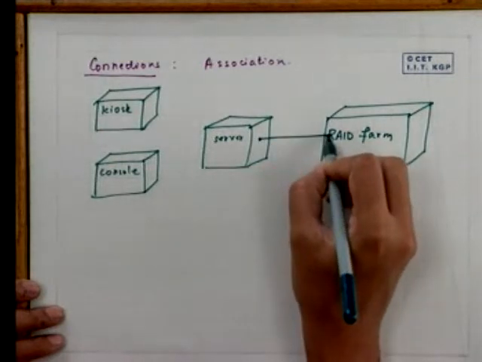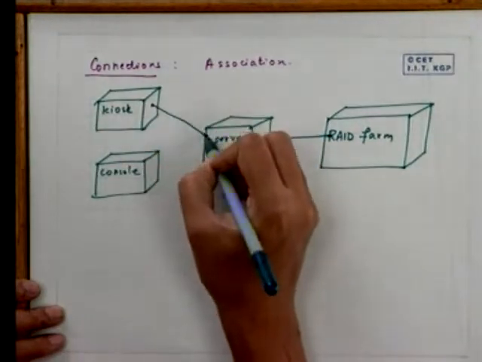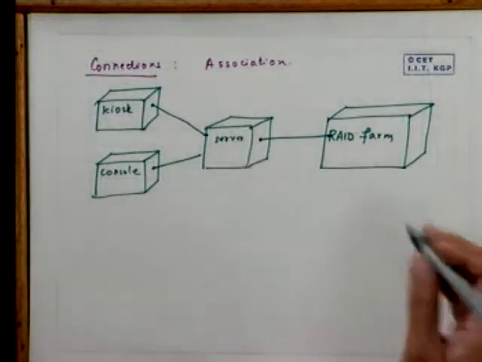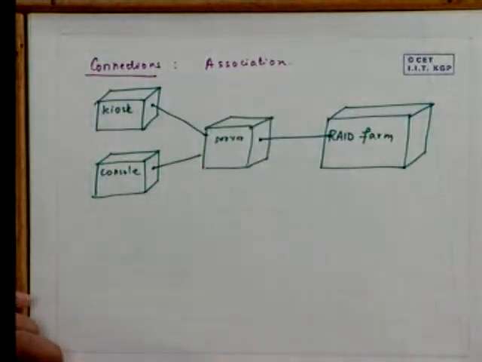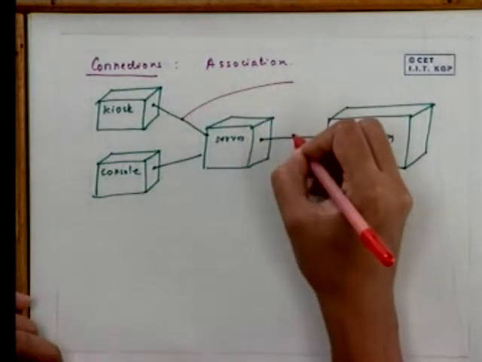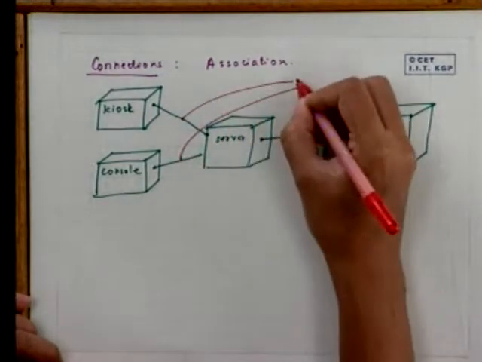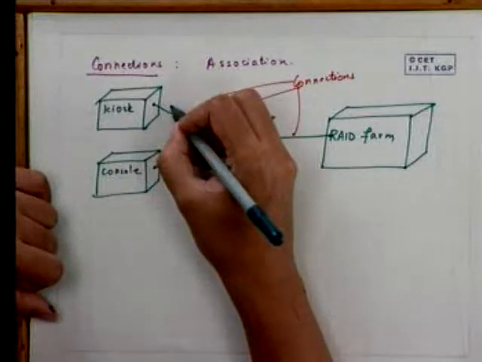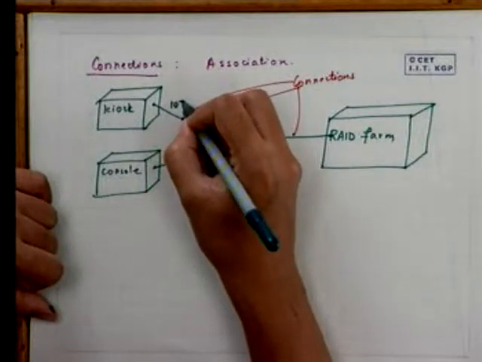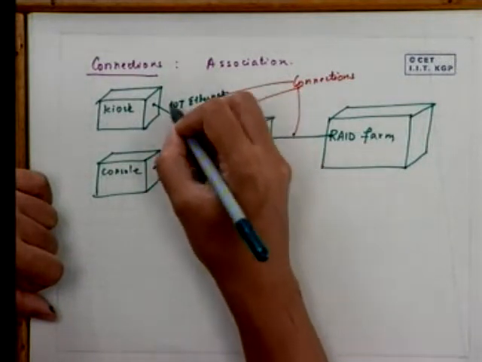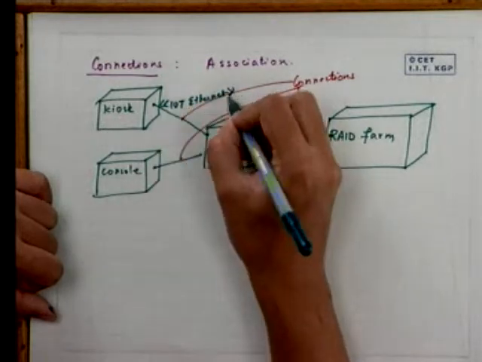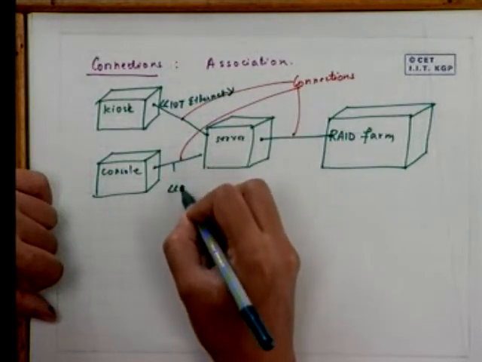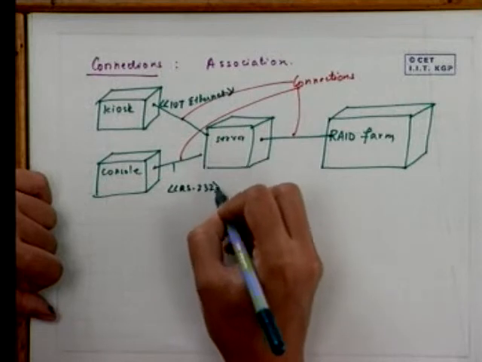And we have connections between these nodes. We may also denote the type of the connection along these links. For example, this may be a 10BaseT Ethernet. This may be an RS-232 connection, and so on.